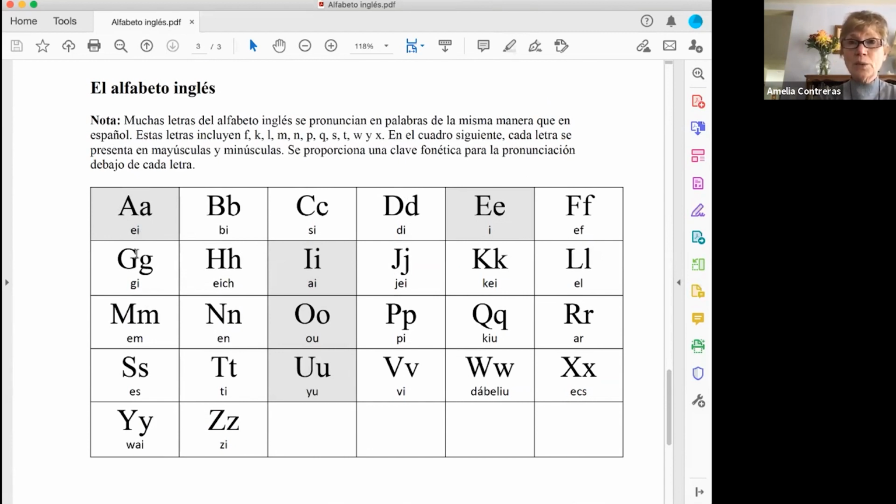And I want to make a distinction here. There is a letter name for the alphabet, those sounds we make when we recite the alphabet. For example, A, B, C, D, E, F, G, and so on.